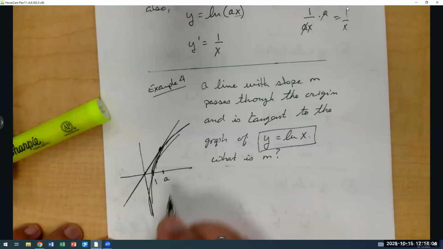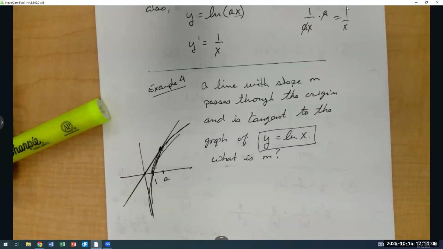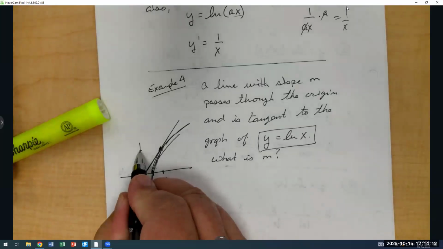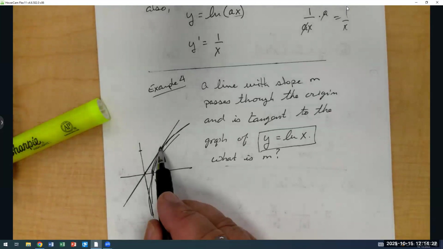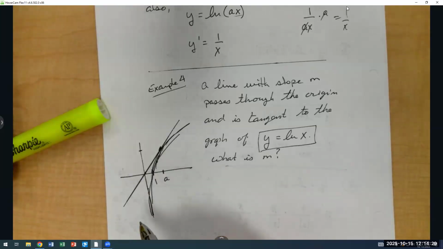It's just some value a. Or we can put x, doesn't matter what we put in there. What's the y value of it? Because it's got to touch that curve.